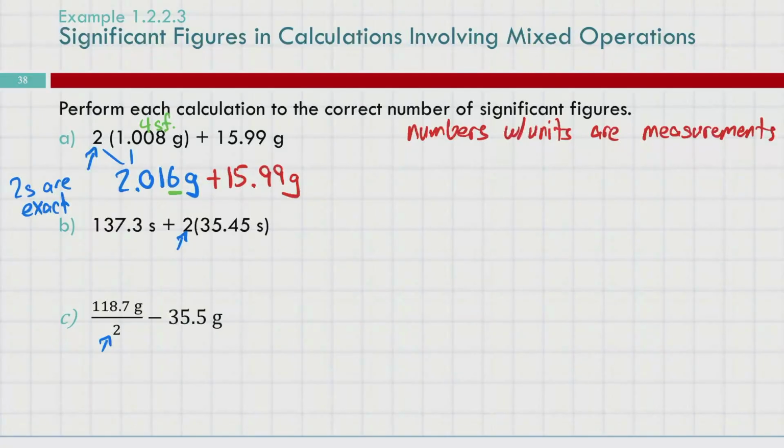Now we've switched from caring about significant figures to caring about, or not caring about, but considering decimal places. 15.99, 2 decimal places, 2.016, 3 decimal places, because we've got 3 significant figures after the decimal. So 2 is the smaller of those numbers.